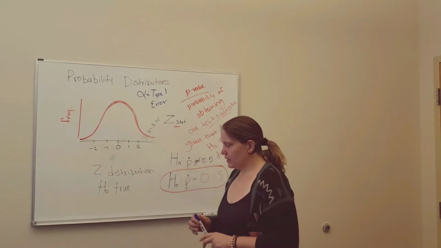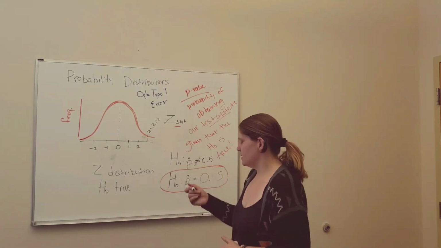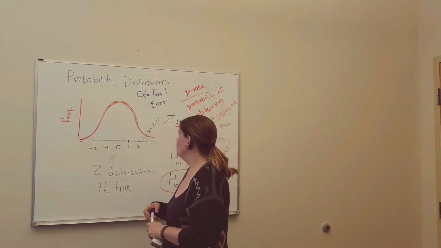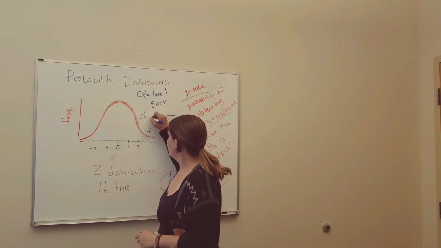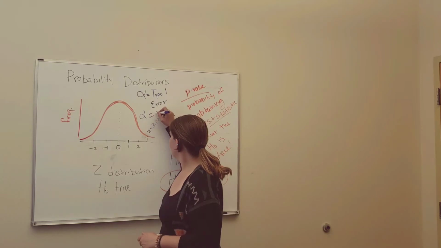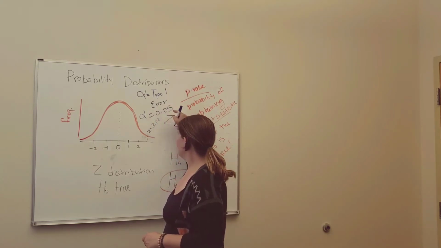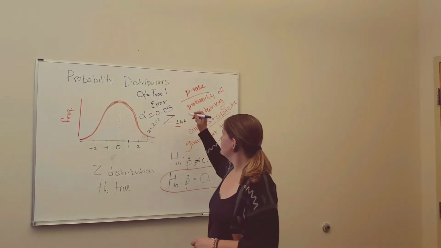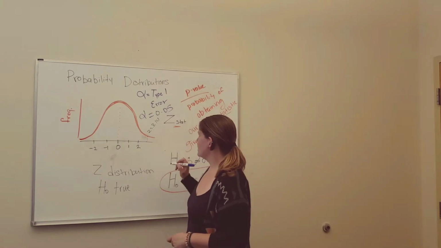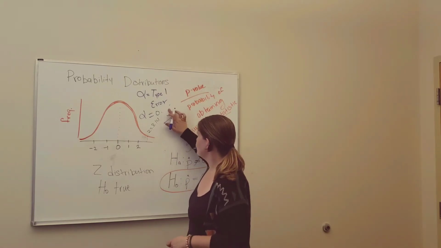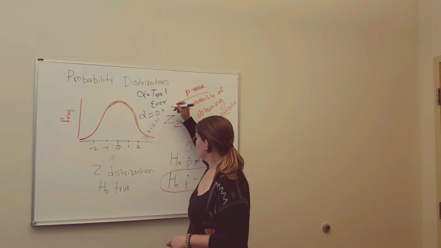So very commonly what people will do is they'll set an alpha level equal to 0.05, which is 5%. Sometimes people will set the alpha equal to 10%, which your book does.